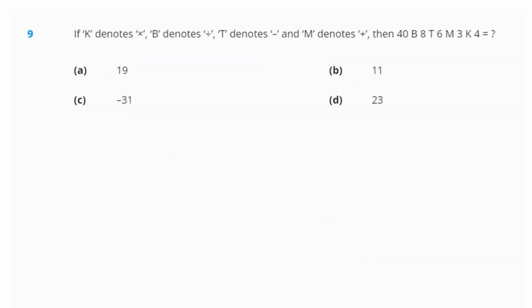If K denotes multiplication, B denotes divide, T denotes minus, and M denotes plus, then 40 B 8 T 6 M 3 K 4 is equal to question mark. Let's write this here: 40 B 8 T 6 M 3 K 4.